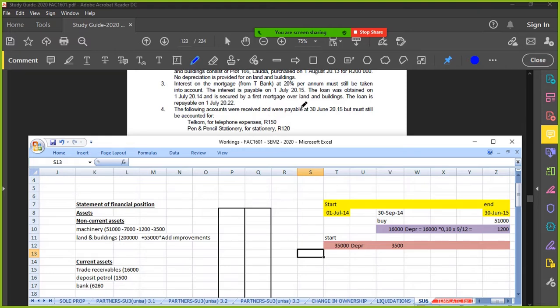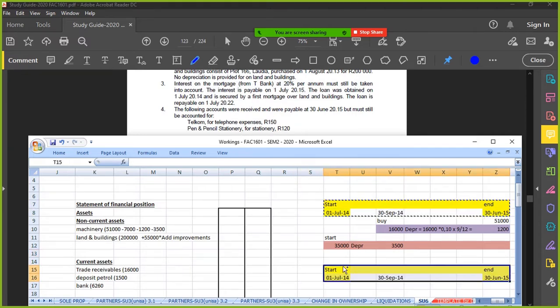How do you work out interest, do you know? It would be 20% times the mortgage amount. What was the mortgage amount? 40,000? Okay, we need to look for that figure. Again, because you've got dates here, I would copy and paste the timeline.